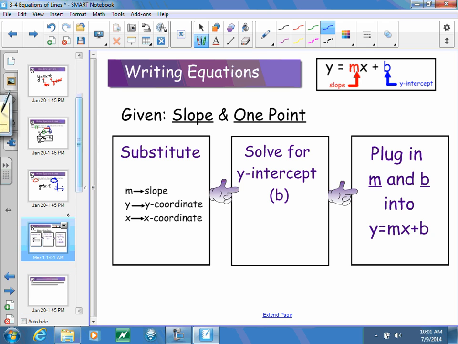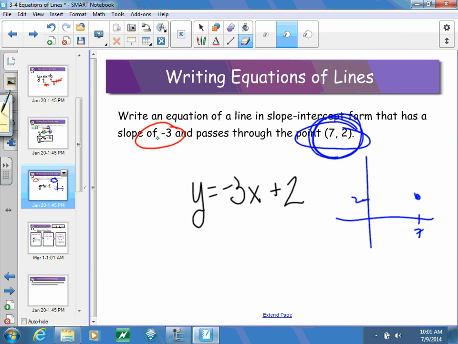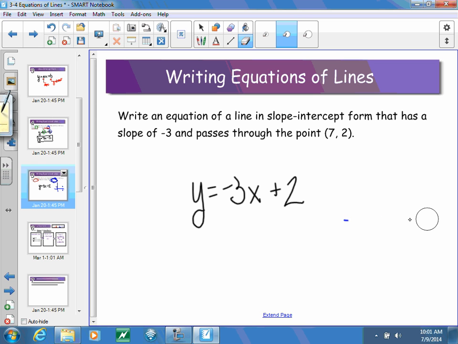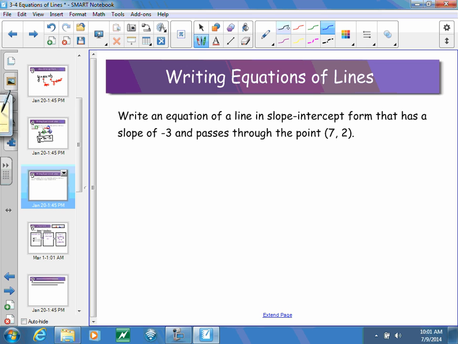So I'm going to go ahead and do this same problem here using this method. All right, so we have your slope is -3. We're going to plug in 7 for x. We're going to plug in 2 for y.